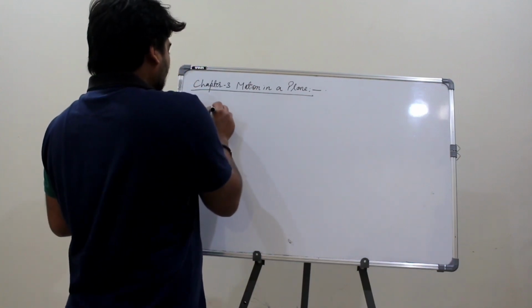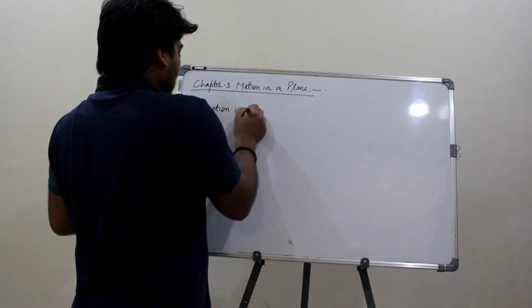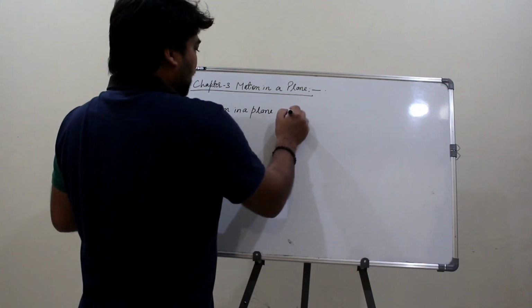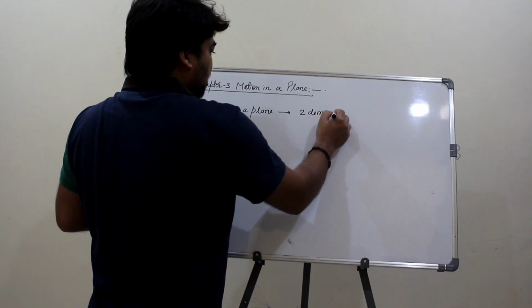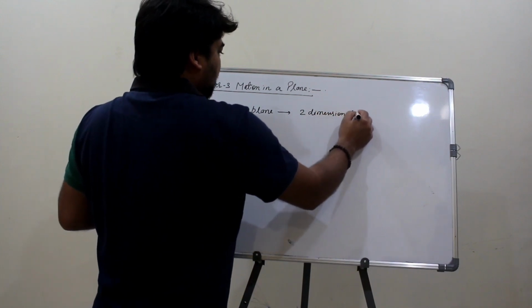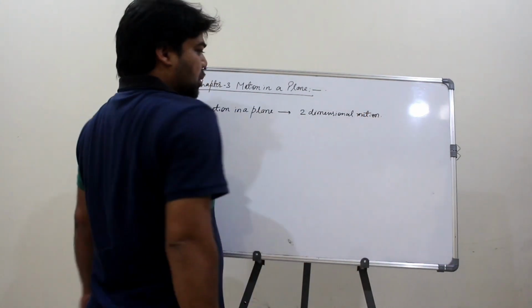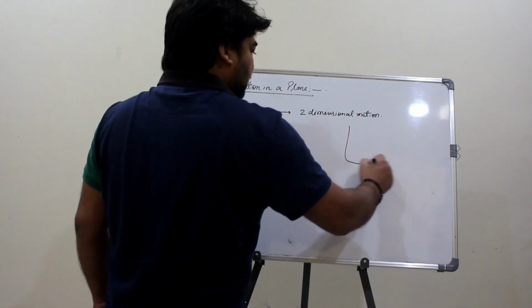So motion in a plane means 2-dimensional motion. This is a simple example: 2-dimensional motion, like in the x and y plane.